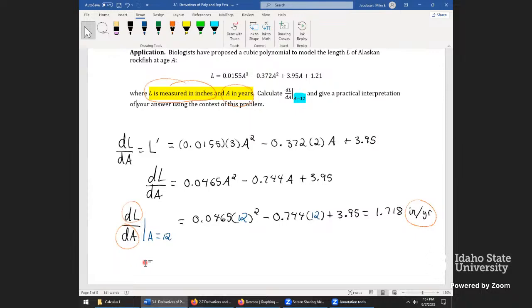So the wrong interpretation is a 12-year-old Alaskan rockfish is 1.718 inches. Doesn't even sound right. I didn't even use the right units, right? Inches per year. The correct interpretation would go a little bit more like this.